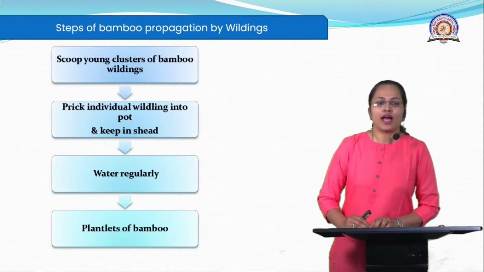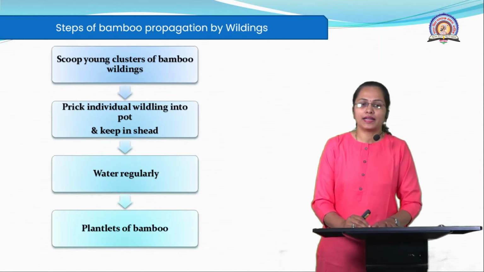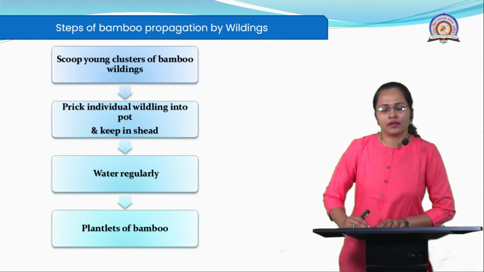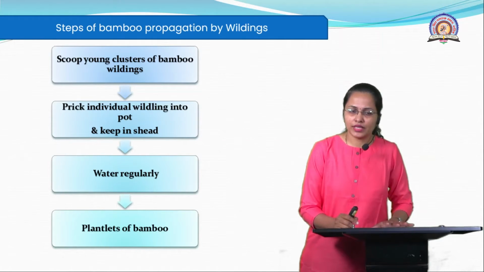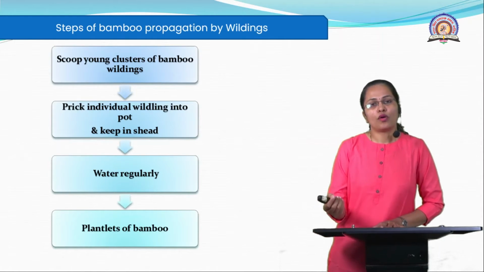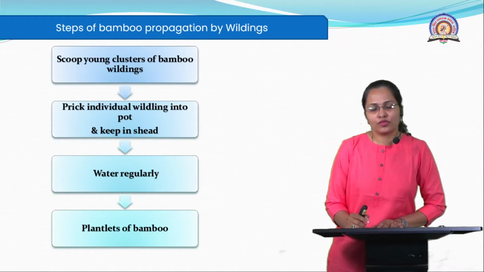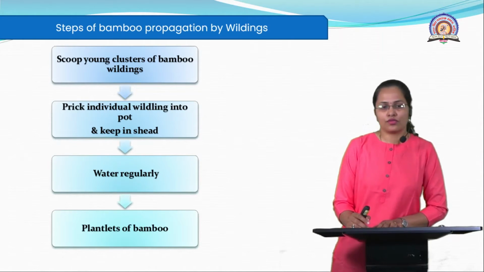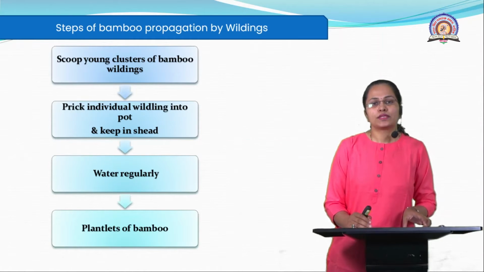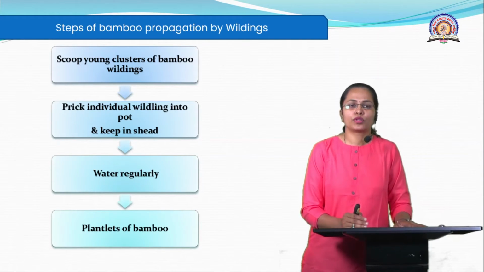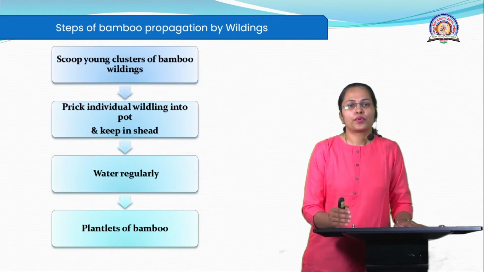Afterwards we'll get plantlets of the bamboo. It requires about 1 year before the plantlets can successfully be transferred into the field. Okay, so this is about the steps for the preparation of plantlets of bamboo for the commercial production of bamboo.